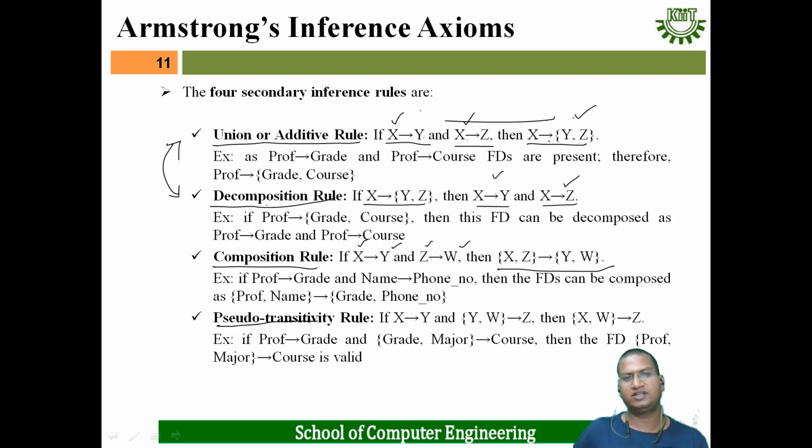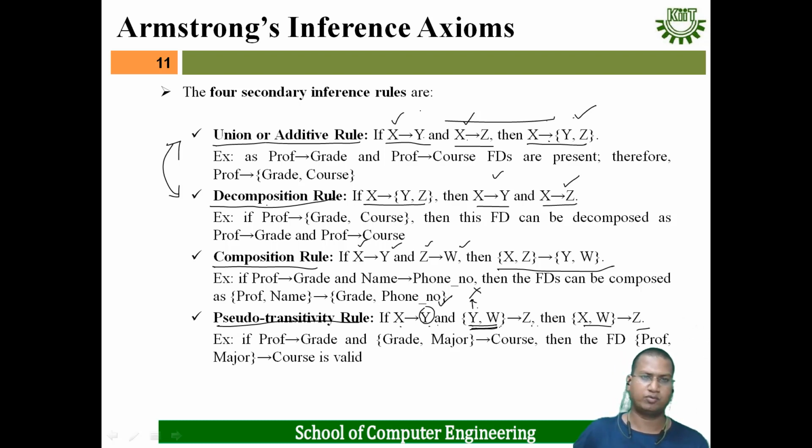Similarly, the pseudo transitivity rule. What is the pseudo transitivity rule? If X is determining Y and YW is determining Z, this is very important, then we can say XW determining Z. That means in the left hand side part, Y is present, and that can be replaced by X. That's why XW determining Z. This is very important.